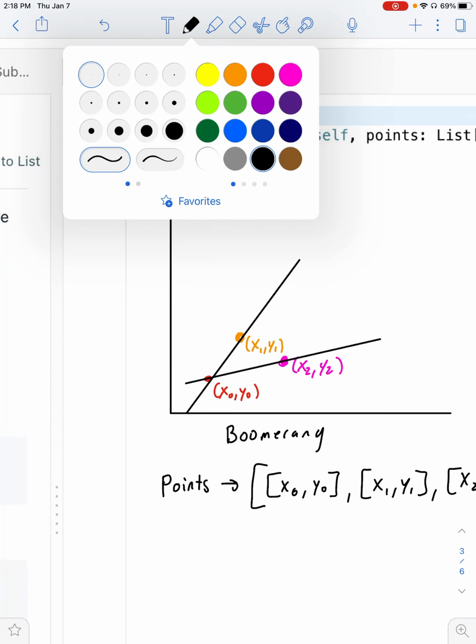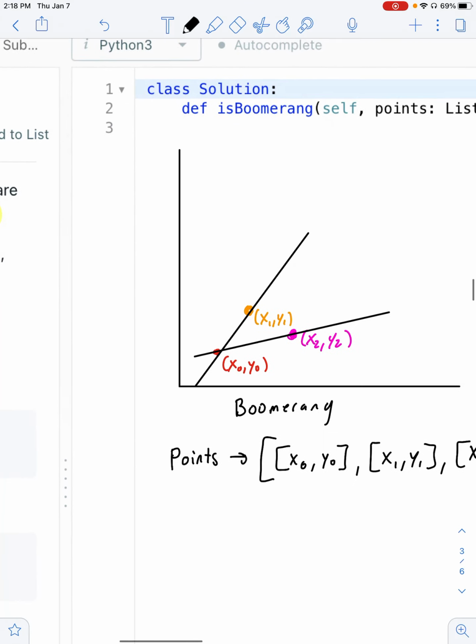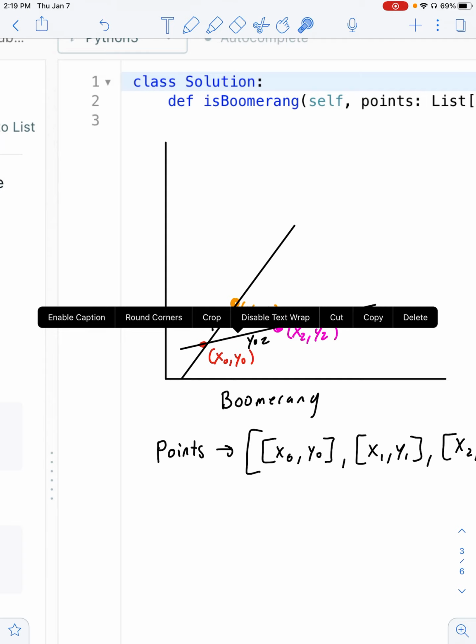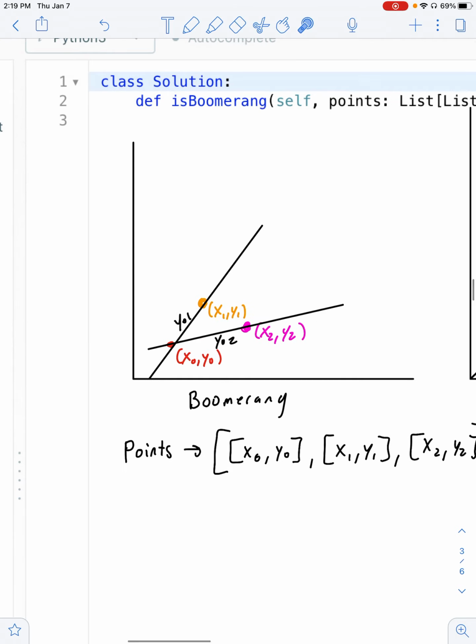We'll call this line y01, and we'll call this line y02, because y01 corresponds to the initial point and the first point, and y02 corresponds to the initial point and the second, or third, point.